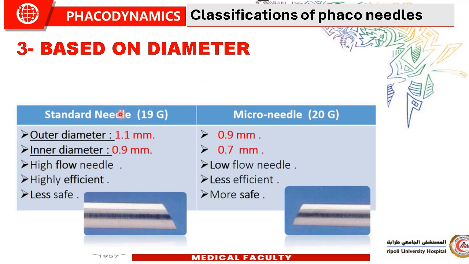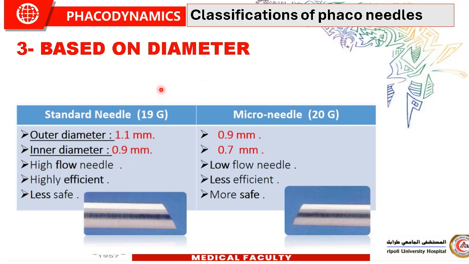Since the diameter is high, this offers a very good high flow, and the outflow is high and efficient. And this makes it less safe for surge protection because once it is occluded and the lens fragment collapses, there will be a sudden surge to the anterior chamber.